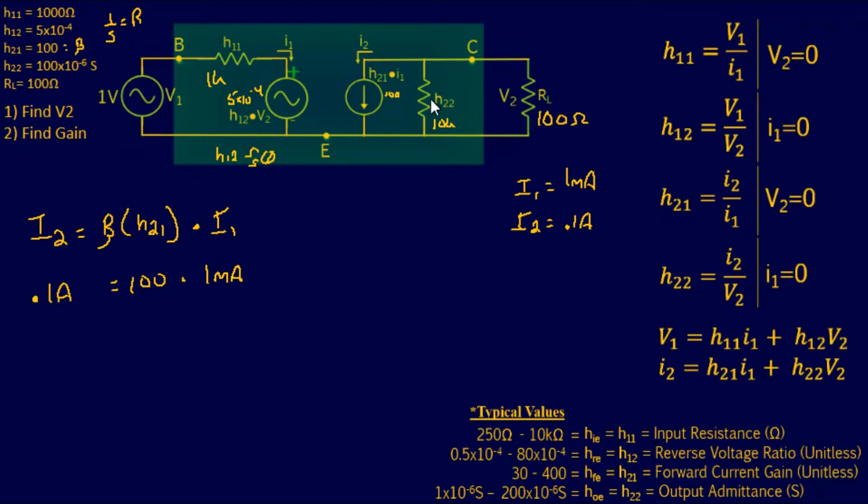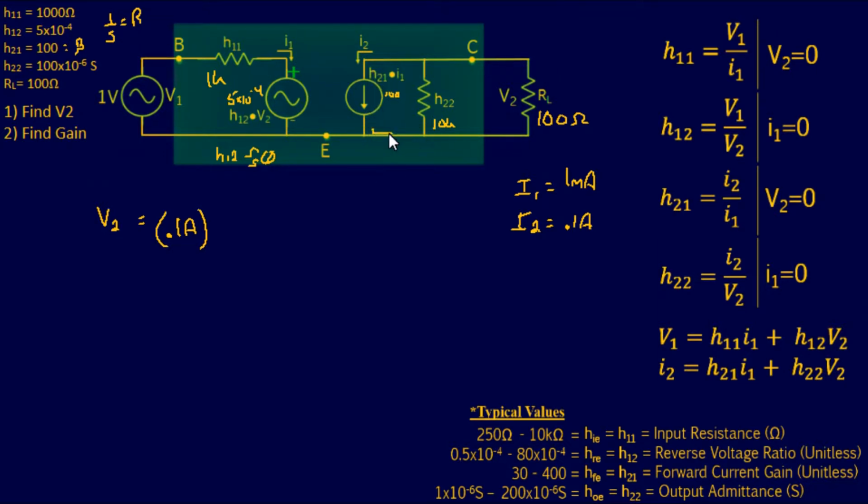Well, I know the resistance right here, and I know the resistance right here. So it's pretty simple. Let me clean this up real quick. So V2, or in this case, the voltage at the load resistor, equals 0.1 amps, because that's our current going through this current source.